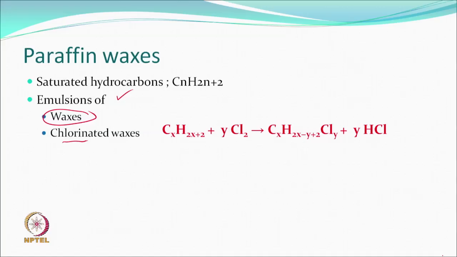The chlorinated waxes obviously have been reacted with chlorine, so that the chlorine gets attached and becomes part of the molecule. Therefore, they are called chlorinated waxes, but they do melt. They can be converted to emulsions which can be applied.